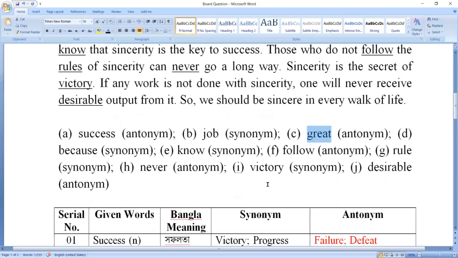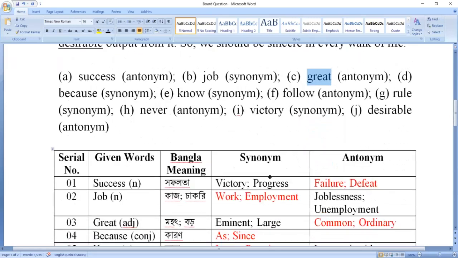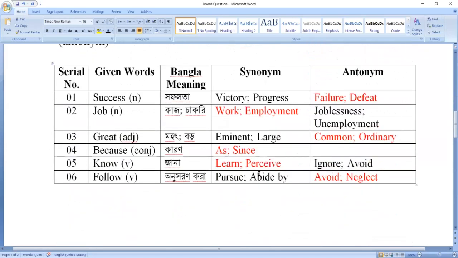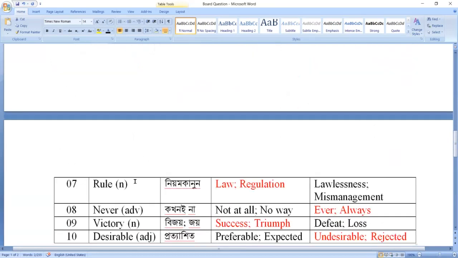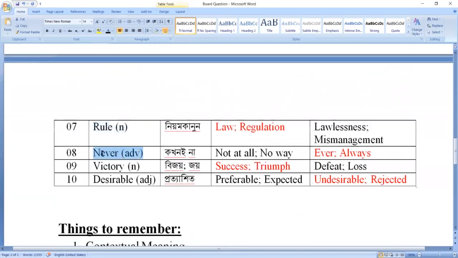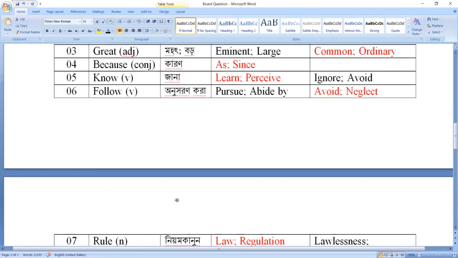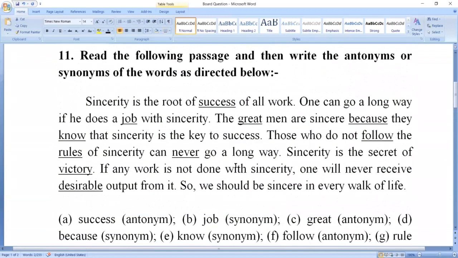Now, what do you need to do? First, you need to find out the parts of speech of the underlined words. That is, success here is a noun, job is a noun, great is an adjective, because is a conjunction, know is a verb, follow is a verb, rule is a noun, never is an adverb, victory is a noun, and desirable is an adjective. So in this way, you first have to know the parts of speech of the underlined or marked words.